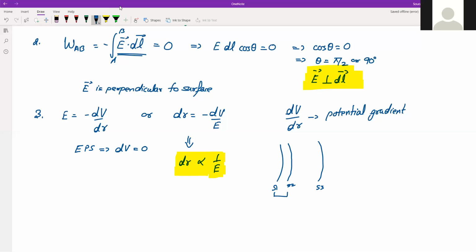Here, as we can see, dr is small, and here dr is big. So the electric field will be stronger in this region, and it will be weak in this region. So E2 will be less than E1.